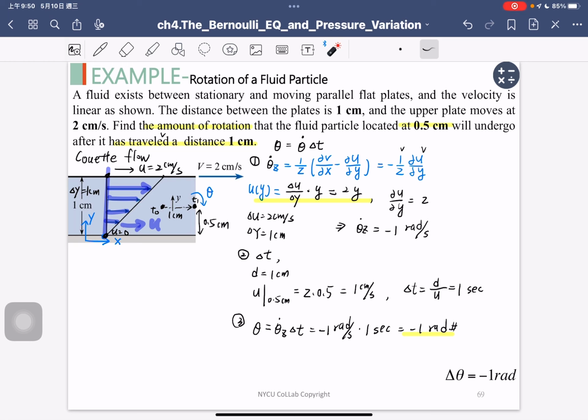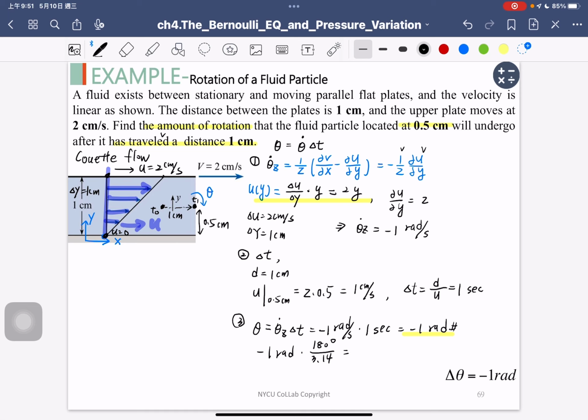Okay, and you can convert the radians to degrees. If we know that pi, 3.14, is equal to 180 degrees, right? So you can convert the radians to an angle.